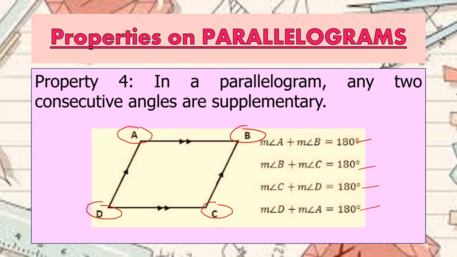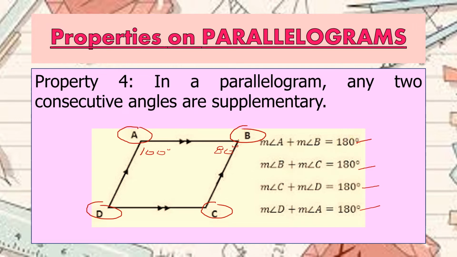Let us try to have an example na meron tayong indicated measurement. Let's say na angle A is 100 degrees. So, we are expecting that angle B, since siya yung ka-consecutive ni angle A, meron siyang measurement na 80. Kasi 100 plus 80 is 180.